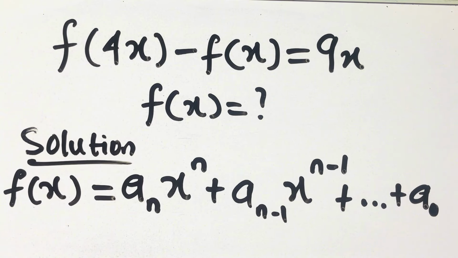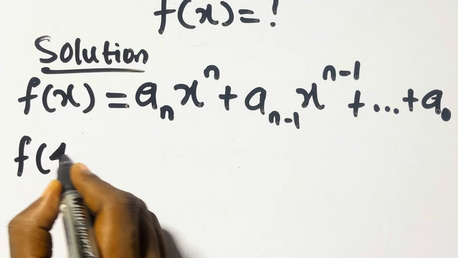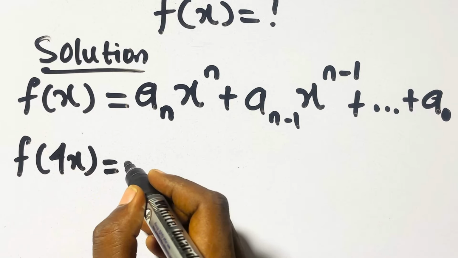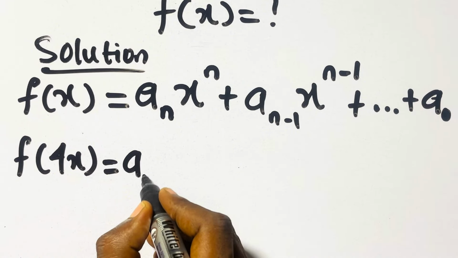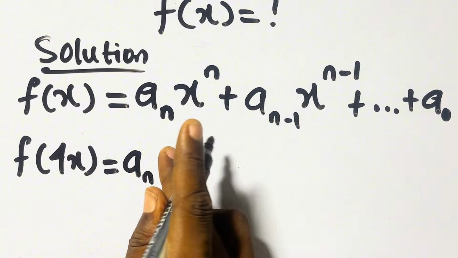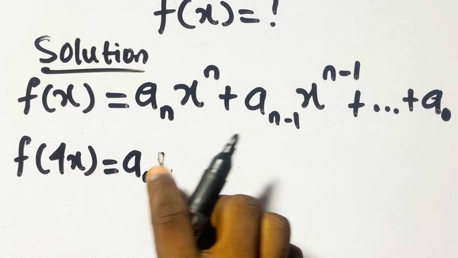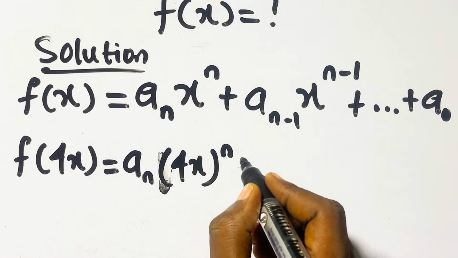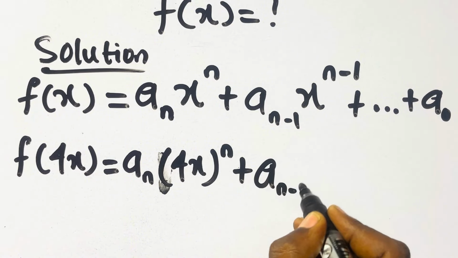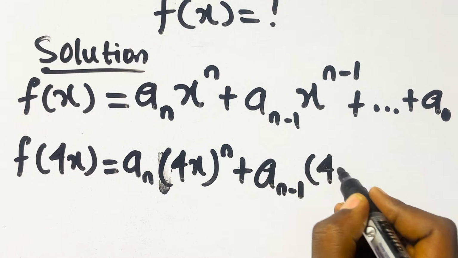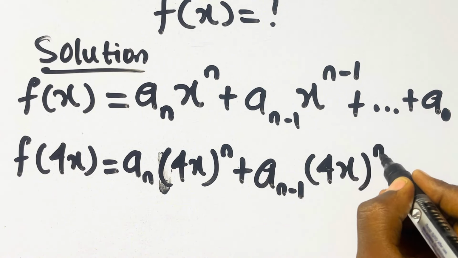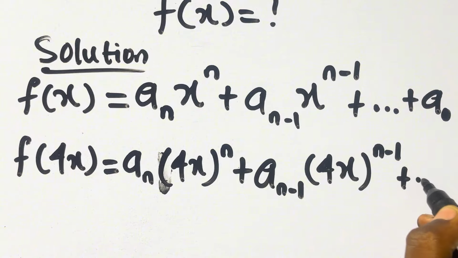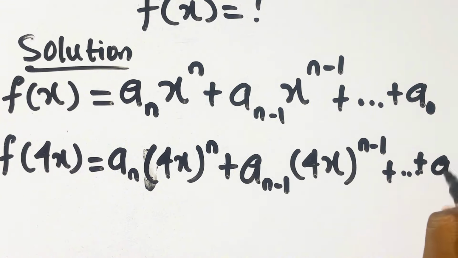We are going to have f(4x) will be a_n, then instead of x we use 4x raised to power n, plus a_(n-1) times 4x raised to power n minus 1, plus this continues until a_0.